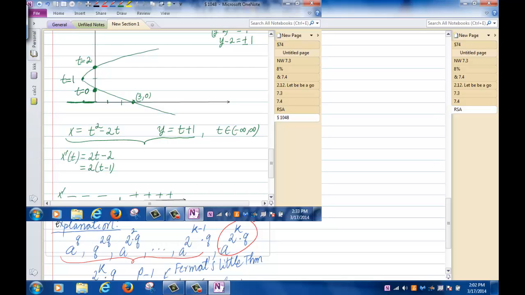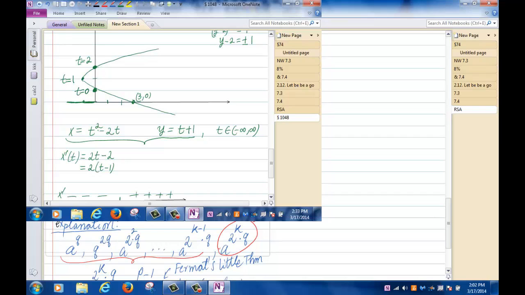Well, I know that x has to be 0 at those points, so I'm trying to figure out for what values of t will x be 0. Well, when t is 0 or when t is 2, x is 0. So I know that these 2 points will be traced at time 0 and 2.